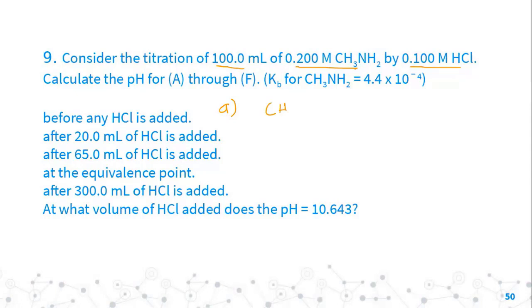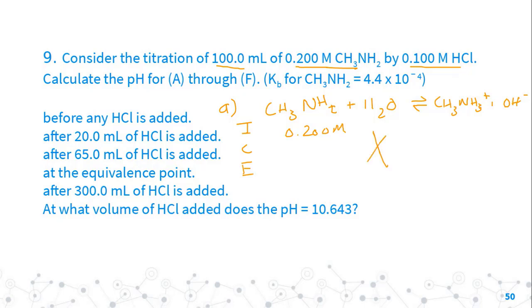So we have CH3NH2, and it's going to react with the water that it's currently in. And so you'll have CH3NH3+ and OH-. So ICE table, we have 0.2 molarity.